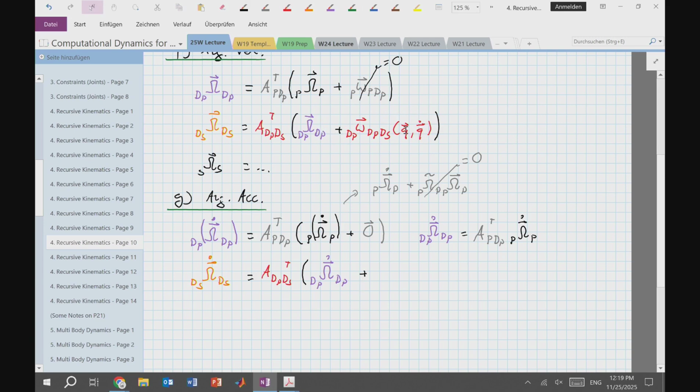The physical derivative of the velocity across the joint, which I get through a numerical derivative, omega dot dp ds.